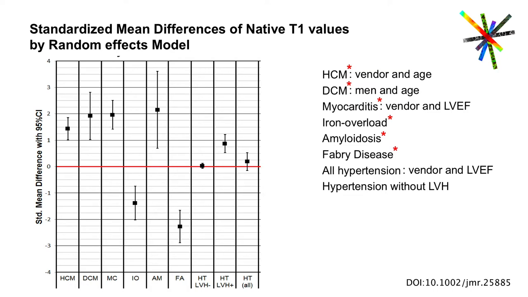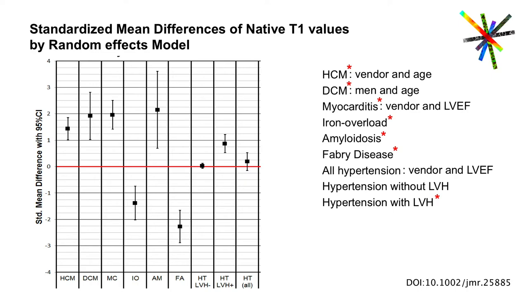We looked at the hypertension population without any left ventricle hypertrophy, and we looked at the hypertension with this left ventricle hypertrophy. We saw that for hypertension without this remodeling, there was no significant change in T1, while for the hypertension with this left ventricle remodeling, we see an increase in T1 values.